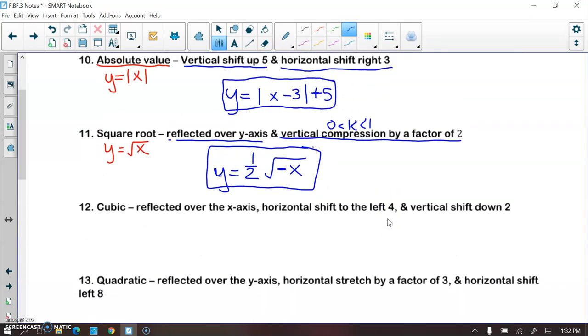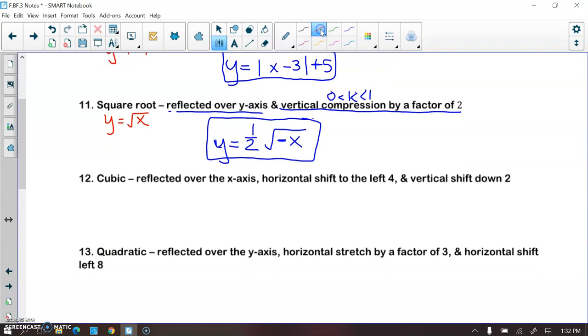All right, number 12, I have a cubic graph. A cubic graph is y is equal to x cubed. So now we're going to reflect over the x-axis, which means that that negative is going to go on the outside of my function. I have a horizontal shift to the left by 4 units, so that's going to go on the inside of my function.